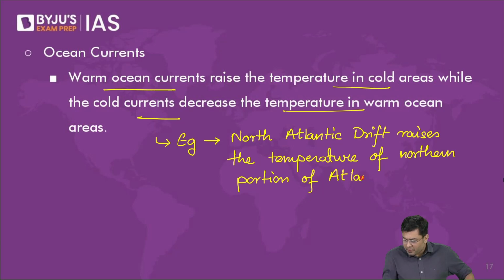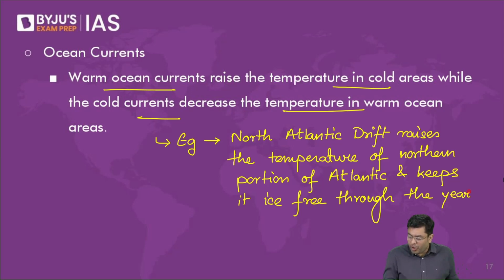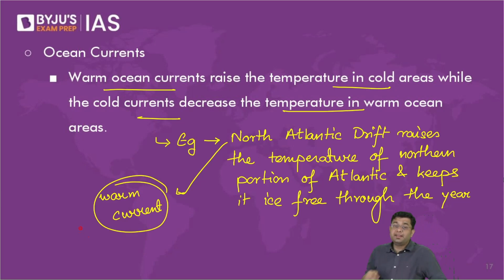It raises the temperature of the northern portion of the Atlantic and keeps it ice free through the year, because the North Atlantic Drift is an example of a warm current.